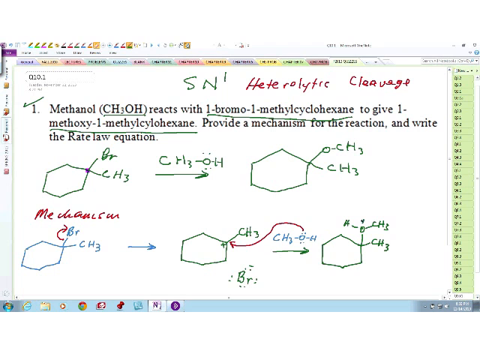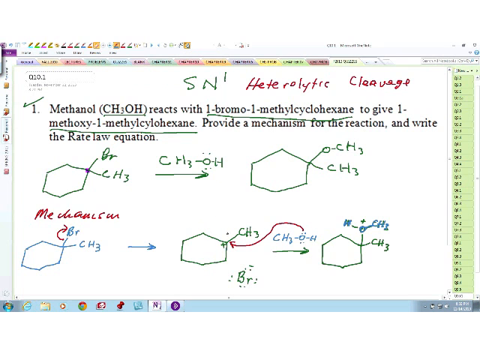At this point, this oxygen is positively charged. Okay? So now, what happens? I also want to use a different color here. Maybe it's blue. Okay.